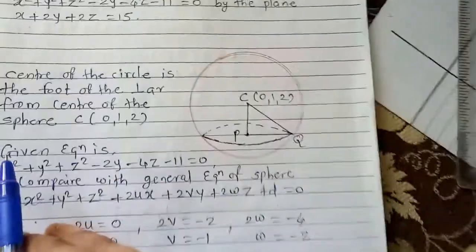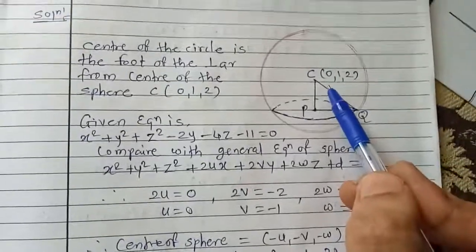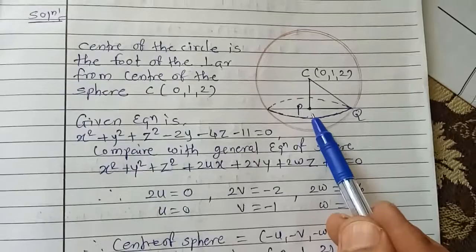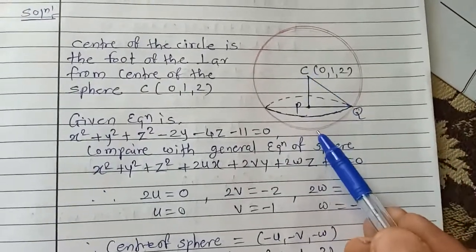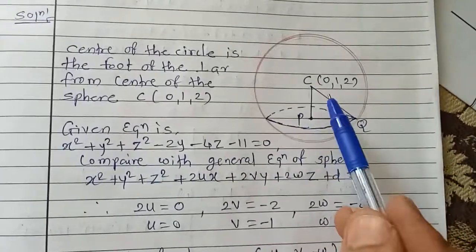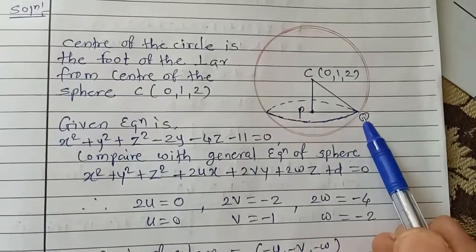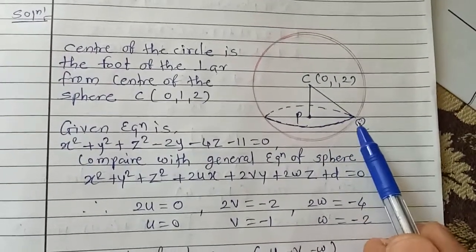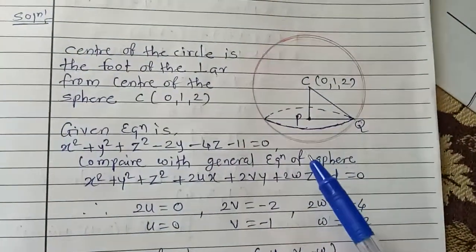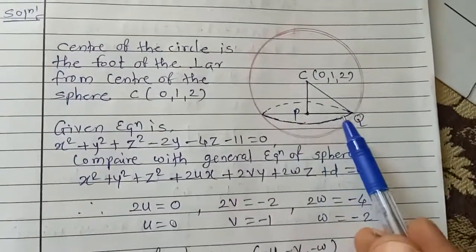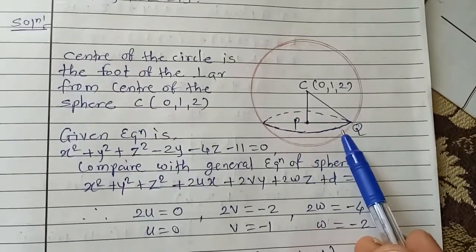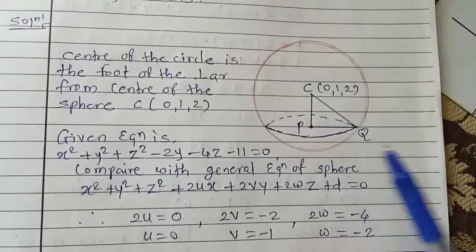So we have the coordinates of the center of the sphere, which is 0, 1, 2, the coordinates of the center of the circle, and the distance CP. If we find distance CQ, that means the radius of the sphere, then we could find the radius of the circle which is formed by the intersection of the sphere by the plane.